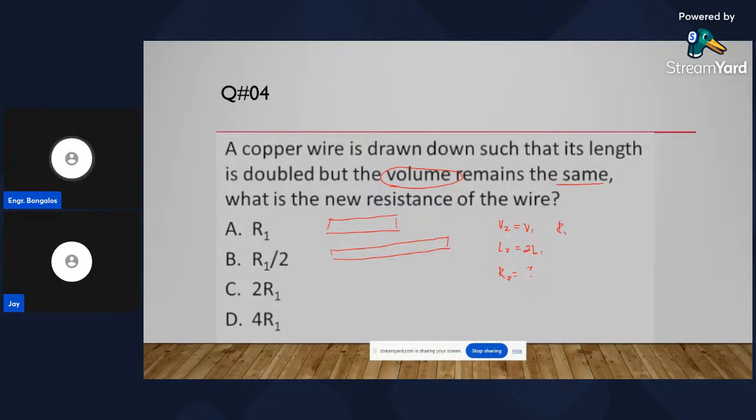By the way, di ko pala nasulat, yung resistance natin meron tayong formula na R equals rho L over A. So, puwede din natin 'tong i-rewrite or gawing rho L squared over volume.